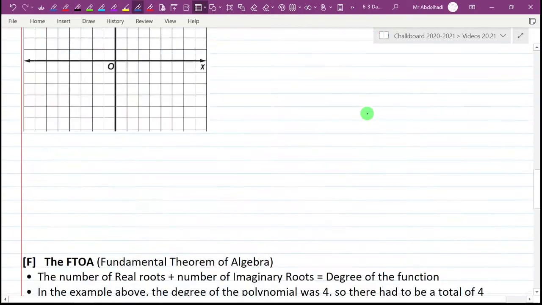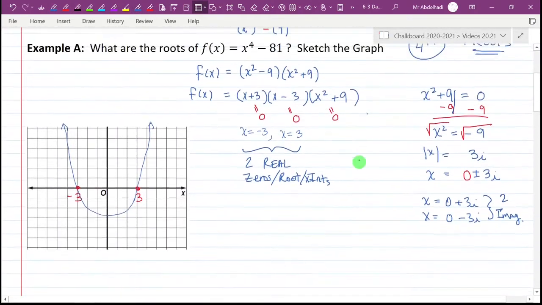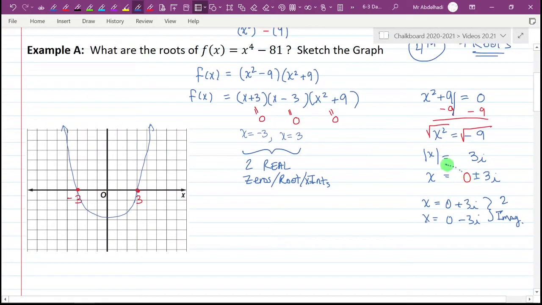Now, just to be clear, when we did the imaginary roots here, you notice that what happens with the imaginary stuff is that you get a plus or minus. So they come in pairs. You cannot get a single imaginary root. Imaginary roots or complex roots can only come in pairs because it's always a plus bi, a minus bi. It's always like this. So if you get one imaginary root, the other one has to be the conjugate.